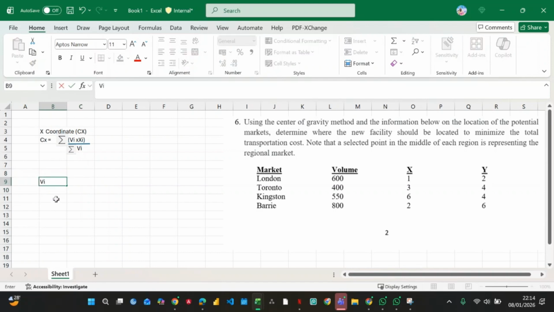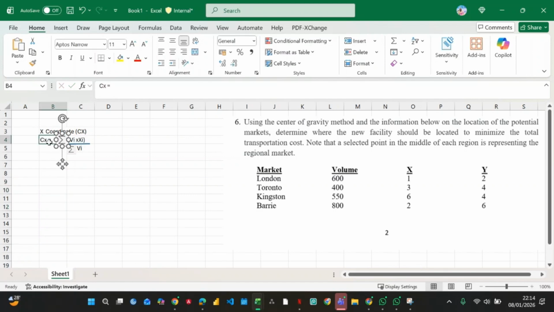So the vi here is just the volume or the weight or the demand at the market i. So this is what they're talking about, the volume. vi is the volume for each of these, one, two, three. So the xi is the x coordinates of the market.